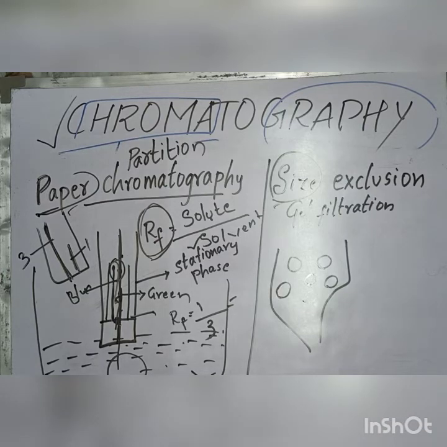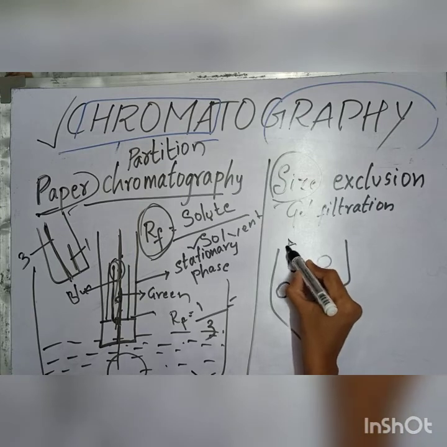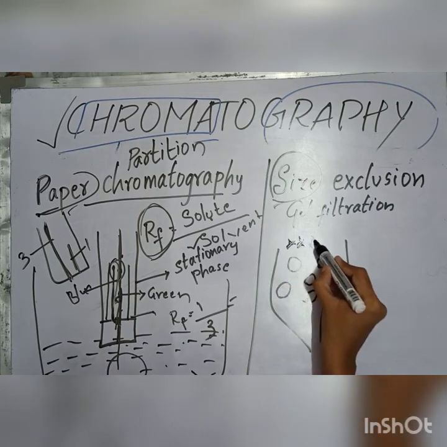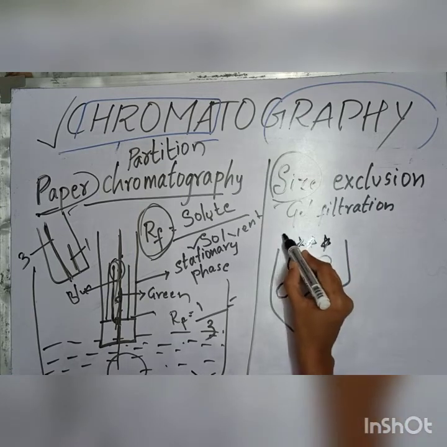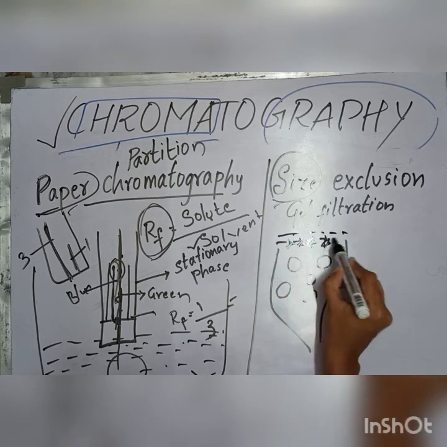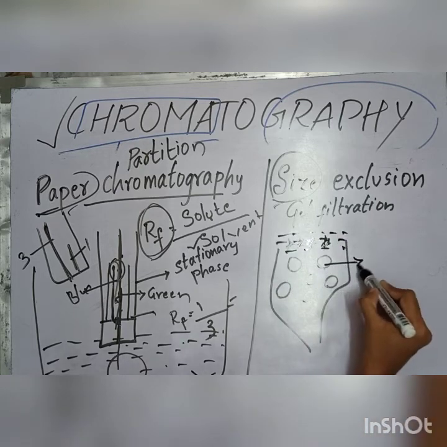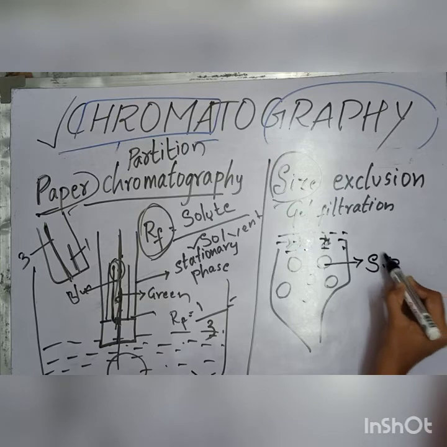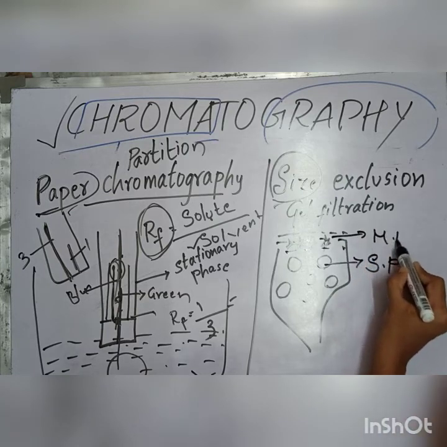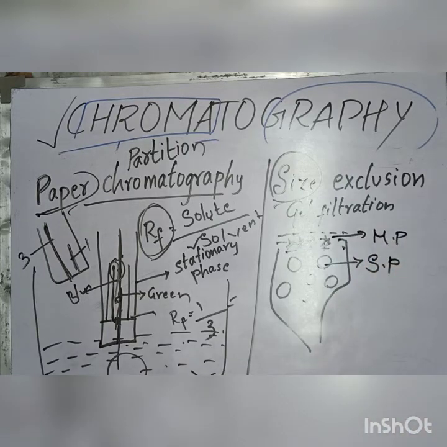Now what will happen is, we have introduced the sample and we have introduced the solvent. So solvent is the mobile phase and these gel beads are the stationary phase. Now the mixture will contain components of different sizes, right?